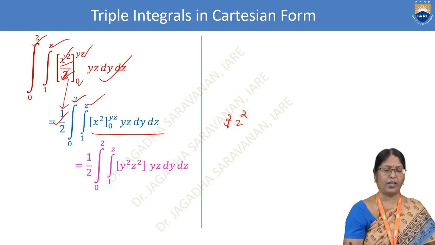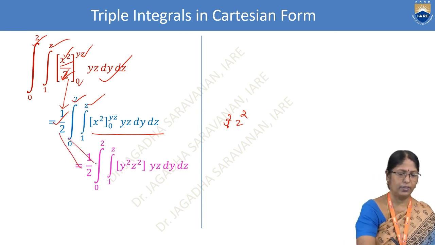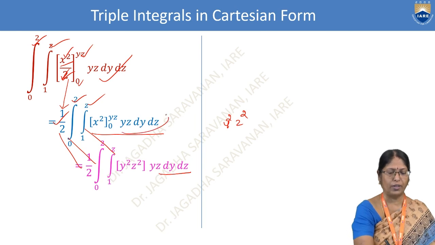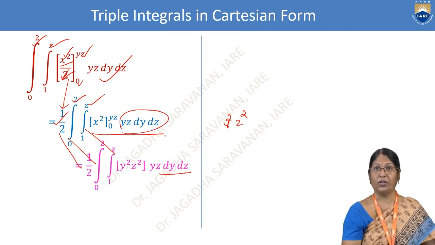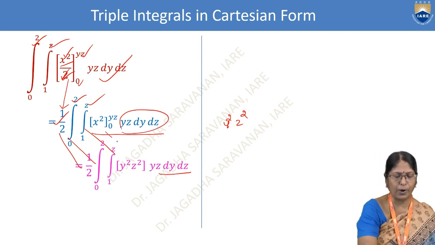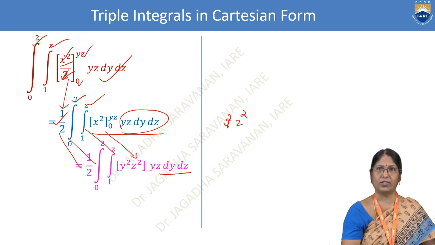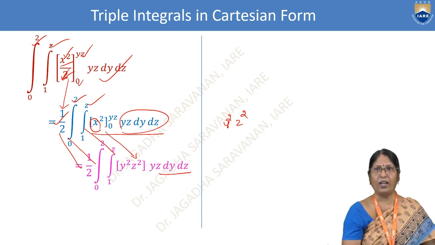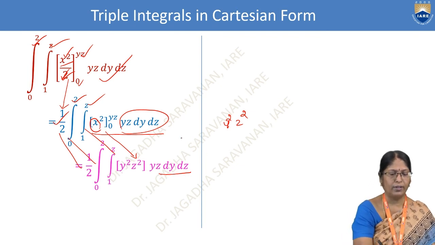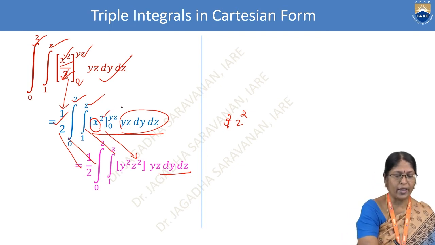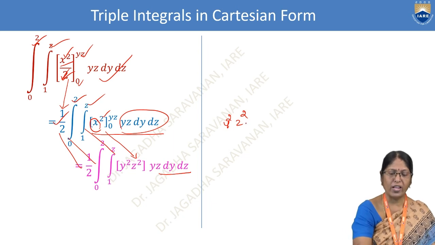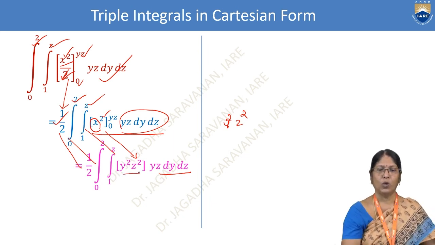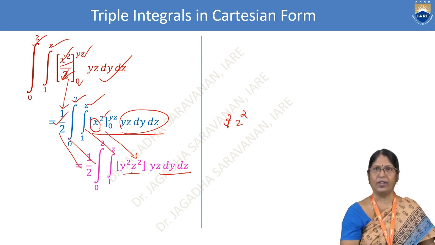The next step, everywhere the same. Sorry, there are no changes. Only in this particular place are there changes. That is, x is taking the value yz. Here the square is there. So y square z square is written. Only the upper limit is there.